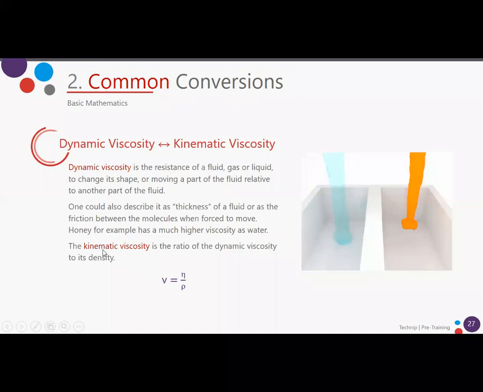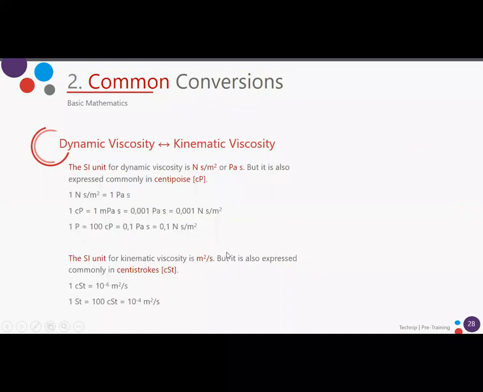Okay. So the SI unit for dynamic viscosity is Newton seconds per square meter or Pascal seconds, but one also comes across another unit a lot. It's also commonly expressed in centipoise.